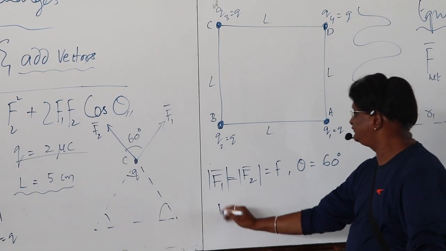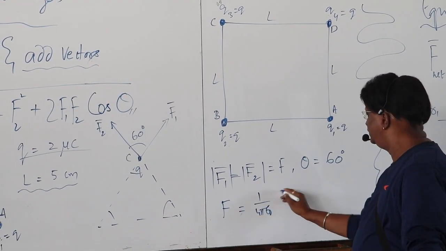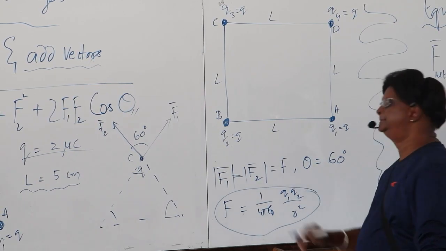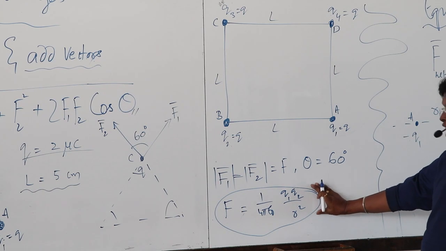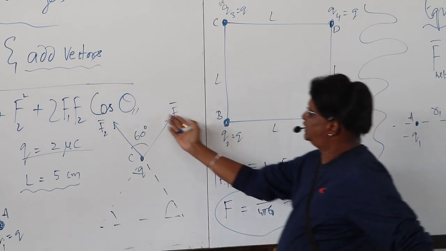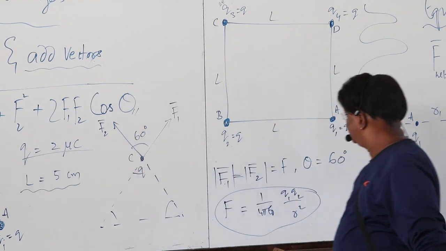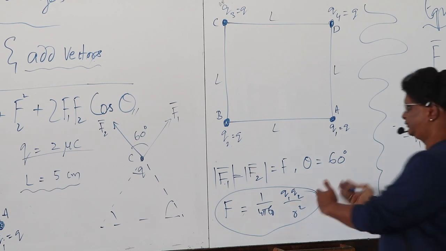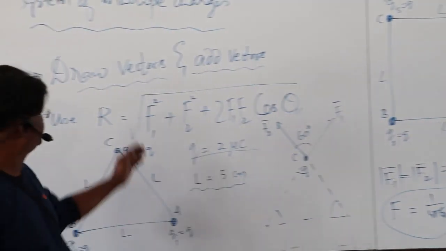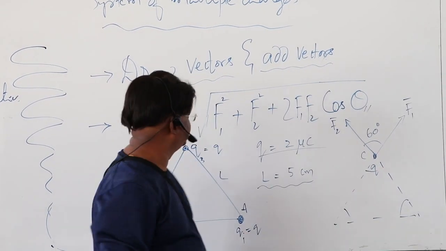And how do you write F? Of course, Coulomb's law: 1 by 4 pi epsilon naught Q1 Q2 by R square. This gives you the magnitude of the forces. Both F1 bar and F2 bar have the same magnitude but different directions, at an angle of 60 degrees between them. Now we will substitute all this in the vector addition: F1 is equal to F2 and theta is equal to 60 degrees.